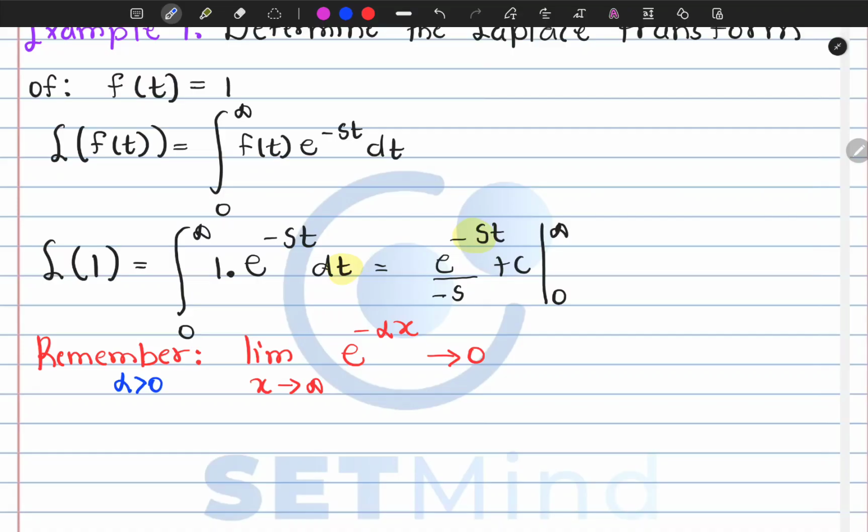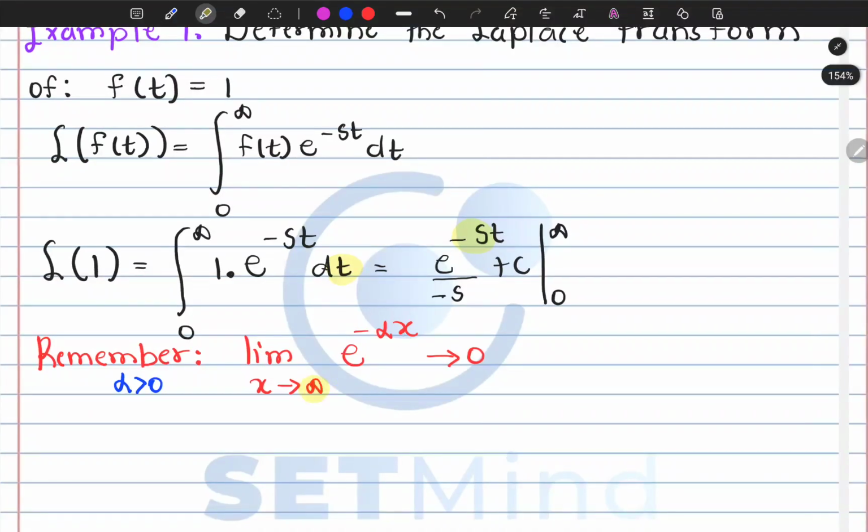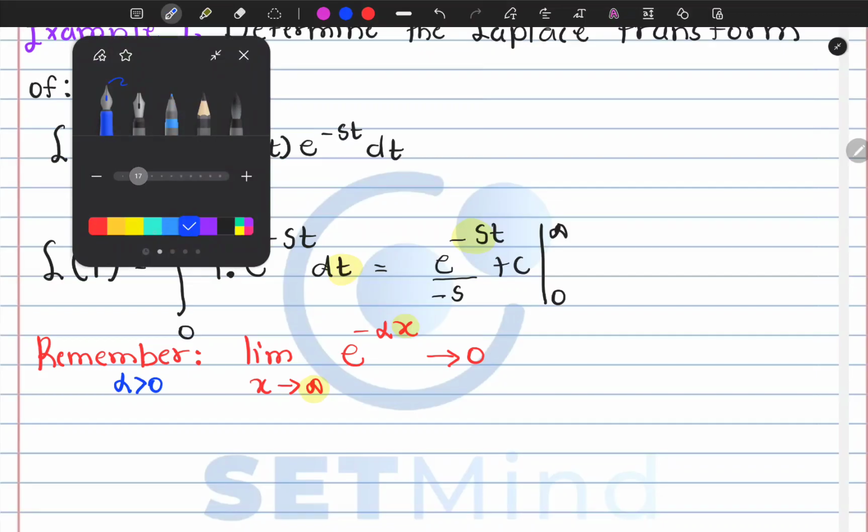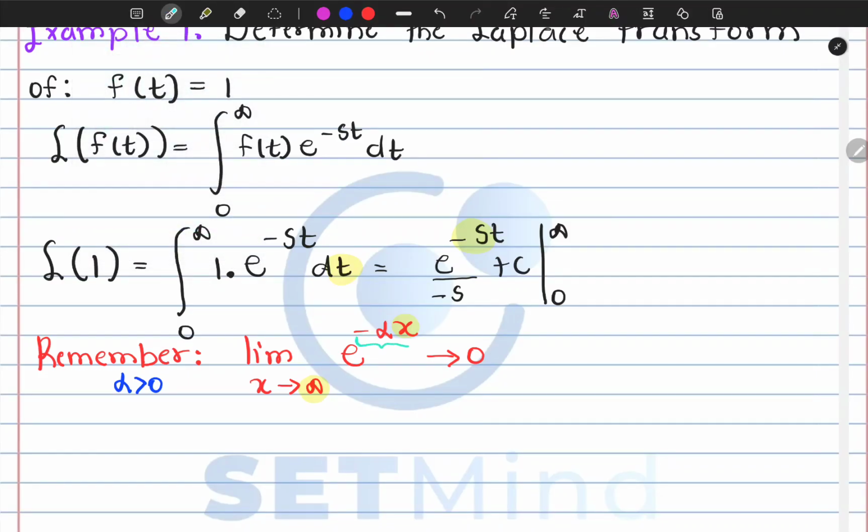Whenever you put in x as infinity, as long as the exponent is going to end up negative, that will approach 0.